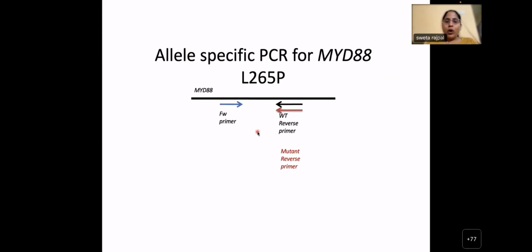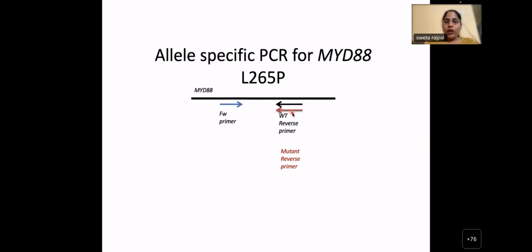Okay. So what happens in this case is we are using a common forward primer and we are using two different fluorescently labeled reverse primers for wild type and mutant type. In the presence of the MYD88 L265P mutation, this mutant primer will bind to the site and give a product, while in the absence of mutation, only the wild type peak will be seen.